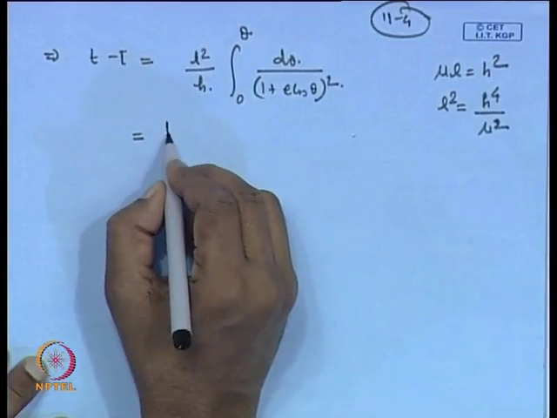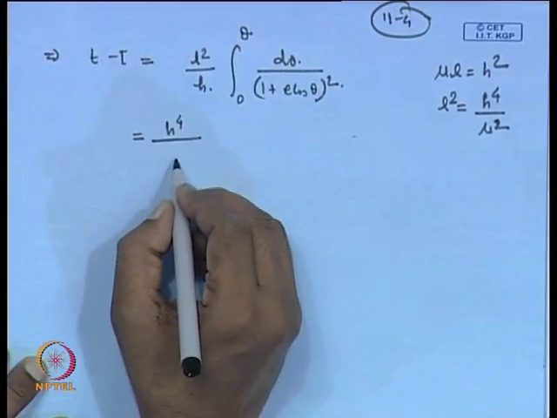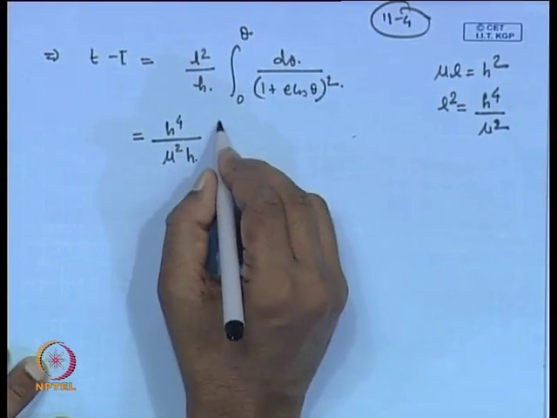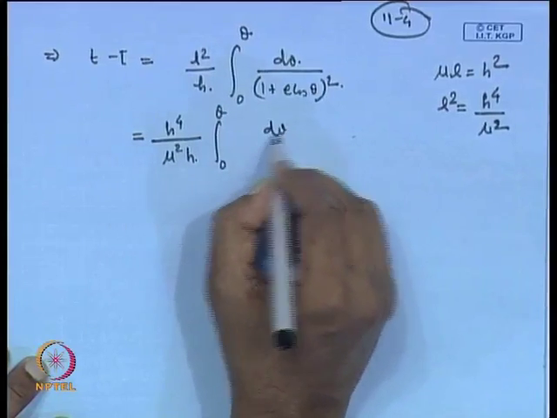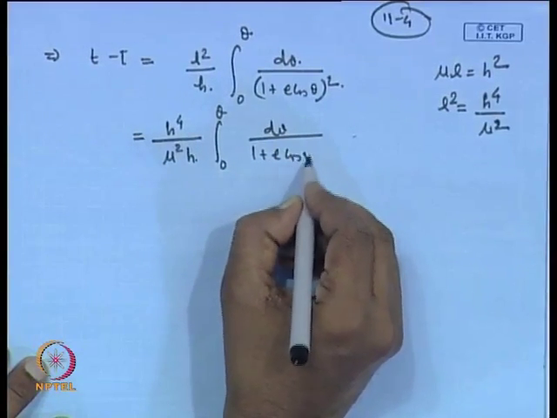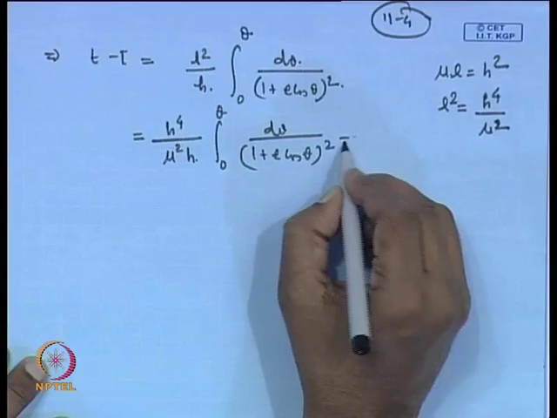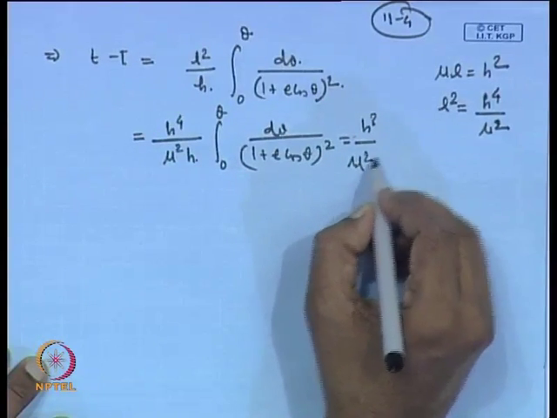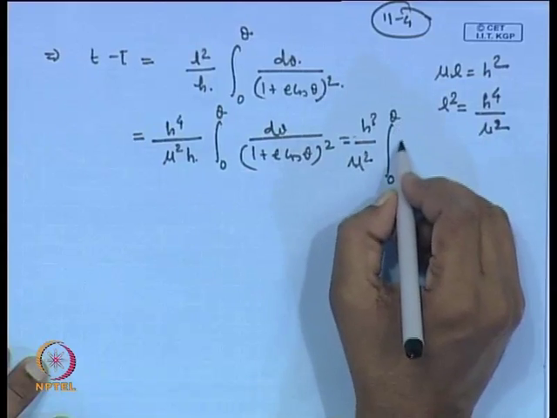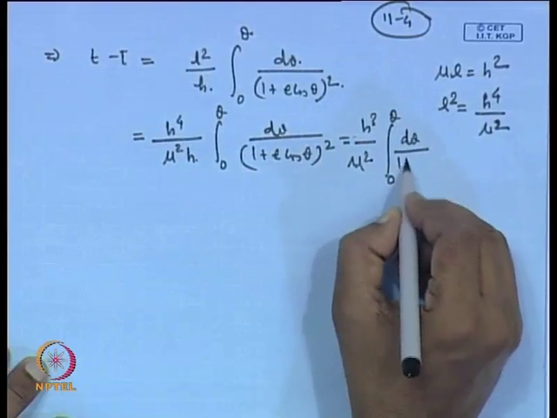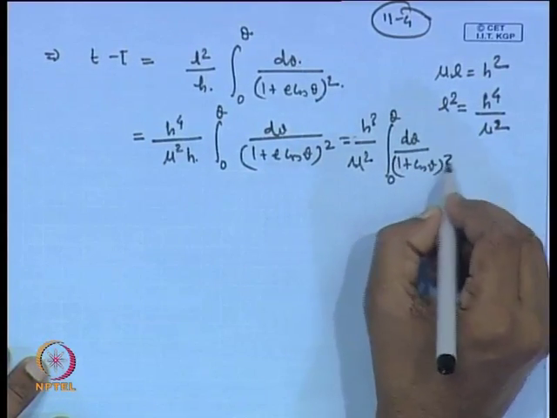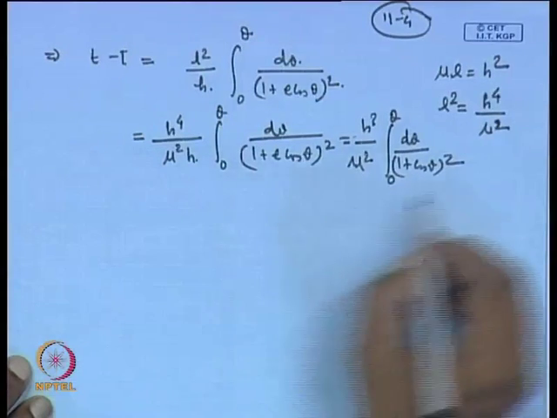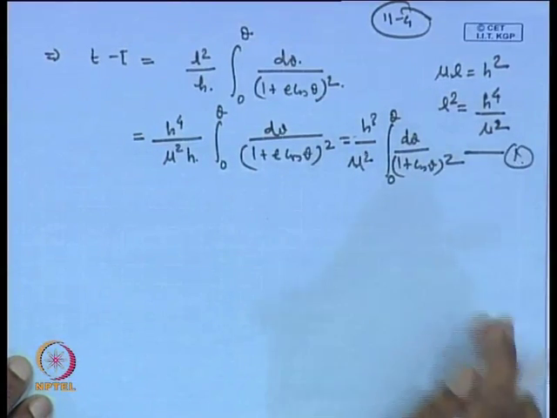So we can put here h to the power 4 by mu squared times the integral from 0 to theta of d theta by (1 plus e cos theta) whole squared. So this is h cubed divided by mu squared, integral from 0 to theta of d theta by (1 plus e cos theta) whole squared. So, this is our equation number 1.